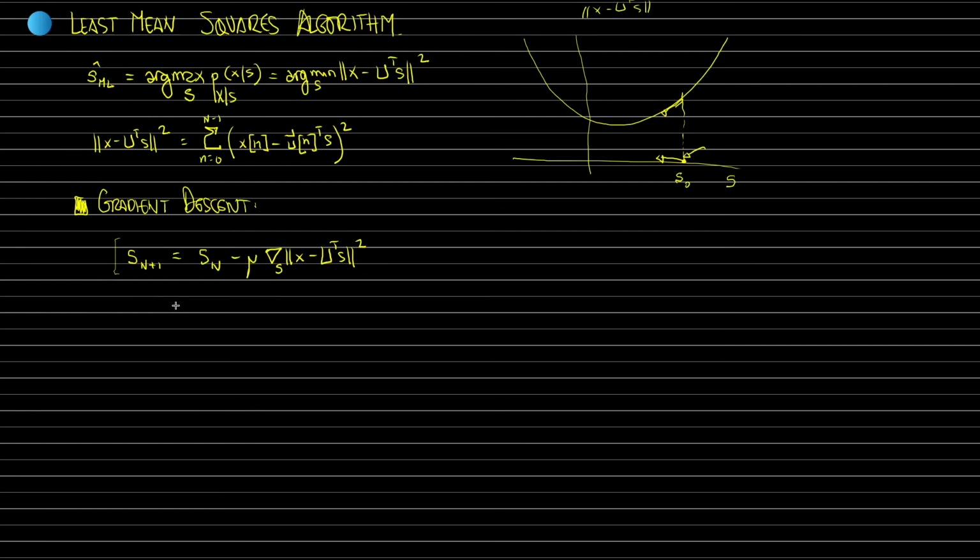So applying the gradient over this formula, this is equal to S hat n plus mu times the sum from n equal to 0 up to n of x of n minus u of n transpose s of n times u of n.